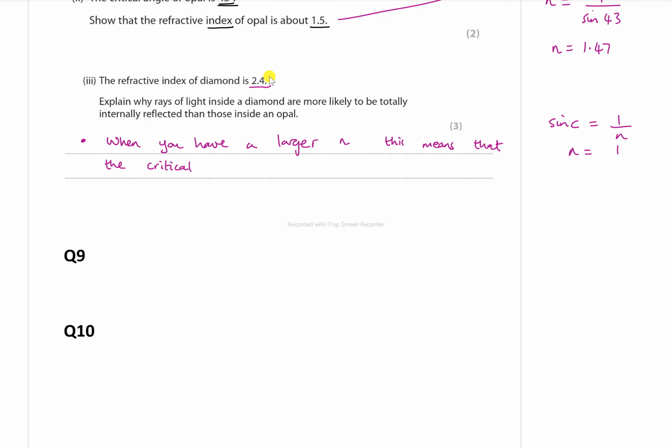So when n is big, C has to be small. So diamond has a larger range of angles for total internal reflection, TIR.